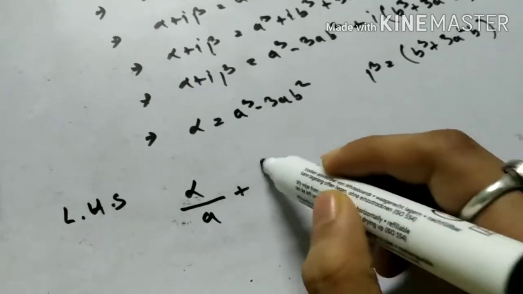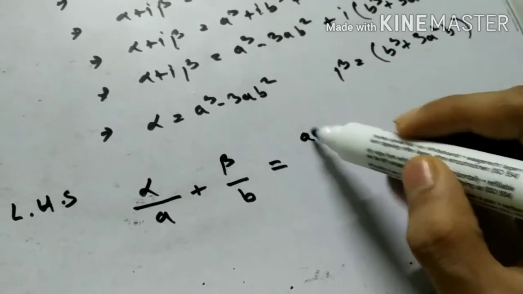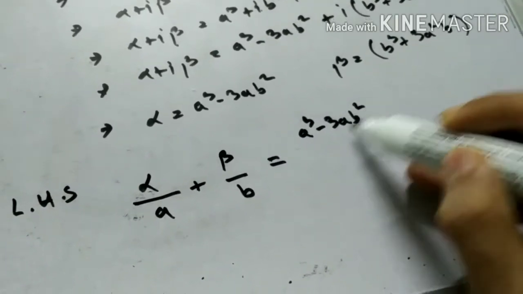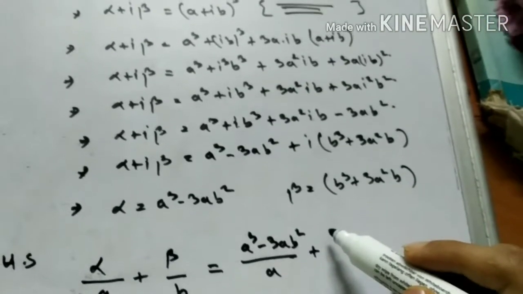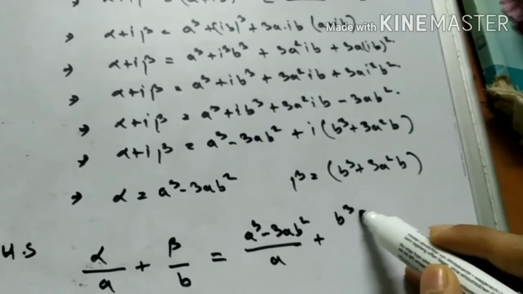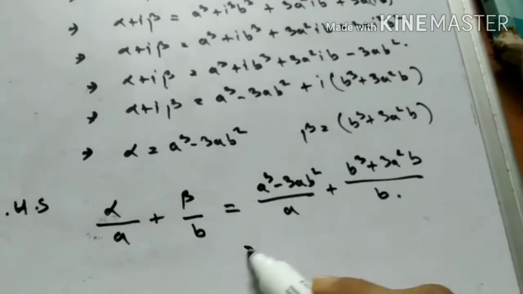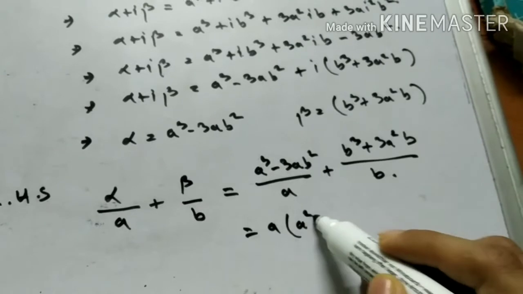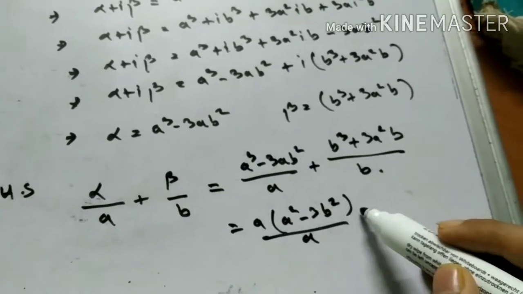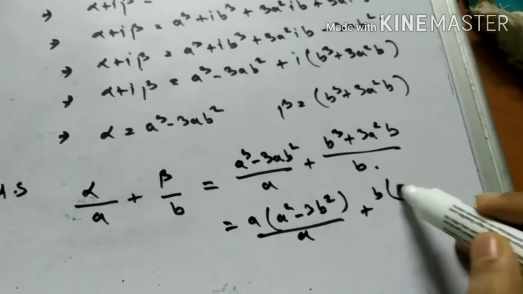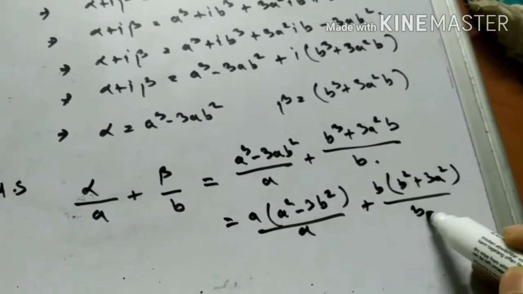Alpha by a plus beta by b is equal to (a cube minus 3ab square) by a plus (b cube plus 3a square b) by b. In here take a common: a square minus 3b square, and take b common: b square plus 3a square.